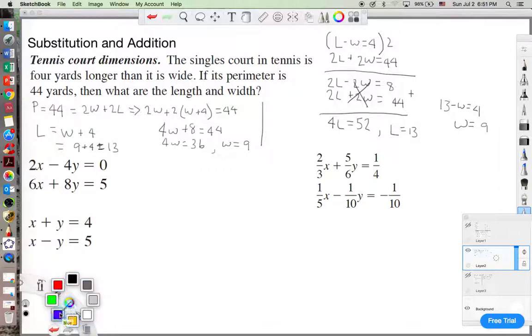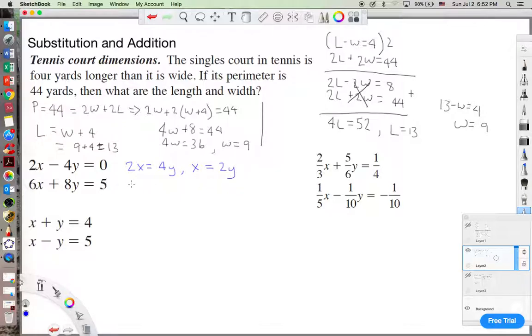Let's take a look at the next example. And so we've got 2x minus 4y. We don't have the same coefficient for either of these, so let's do the substitution method first. Okay? And so if we take this one here, we can add 4y to the other side. We get 2x equals 4y. And then divide by 2, we get x equals 2y.